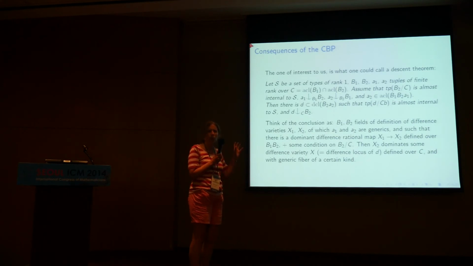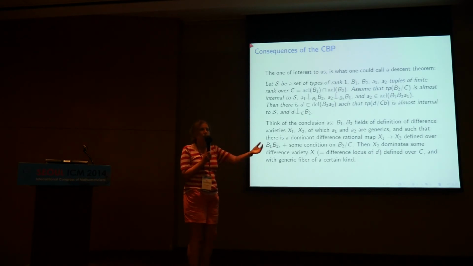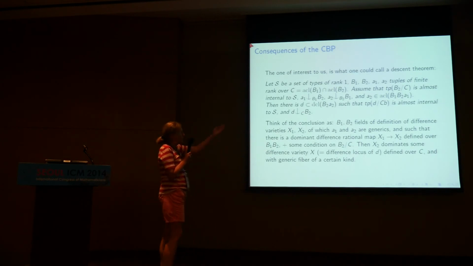This corresponds to what I was trying to prove. A1 will be the generic of my variety W_psi, of my algebraic dynamics W_psi, and A2 is going to be the image under g of this generic. So this is really the setting.